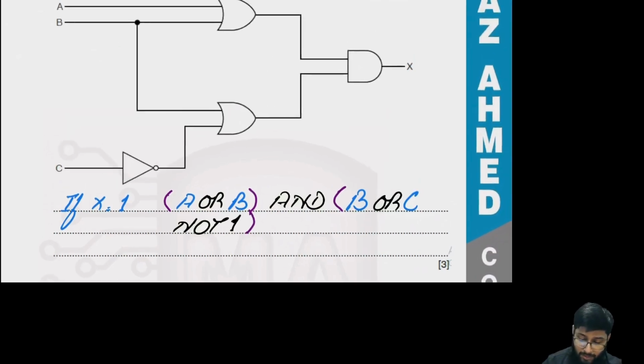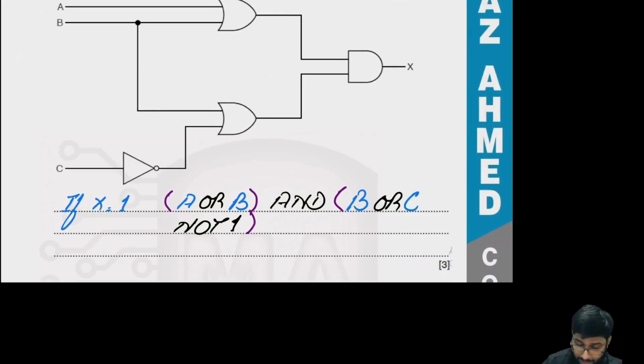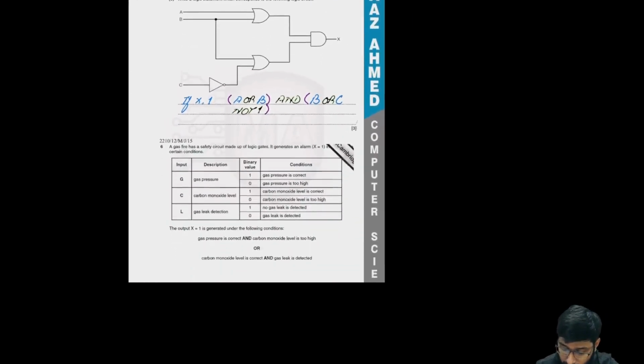So both of the inputs of the AND gate are written. The first one is coming from the OR, so we write the equation for the OR, and the other one is coming from the other OR, so we write that one as well. So one statement is this, and the other statement is the other one. We place brackets on both of them. So 3 marks were given for this one.